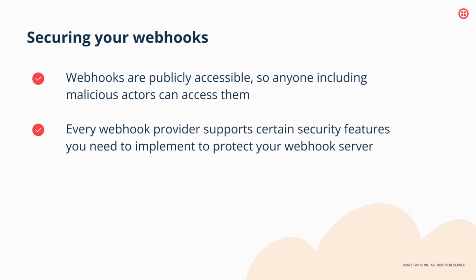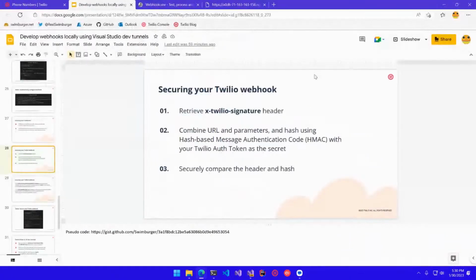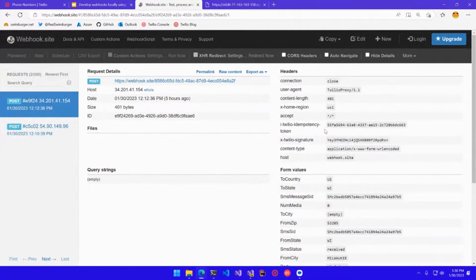Stripe has a different way of securing the webhooks, but all of these webhook providers do support certain features, and it's up to you to implement those features to make sure that your webhook is secure. Now for Twilio, what that means is you got to retrieve the Twilio signature header, which, let's go back to that webhook.site. This is an example of that signature. So this will be passed into your application as a header.